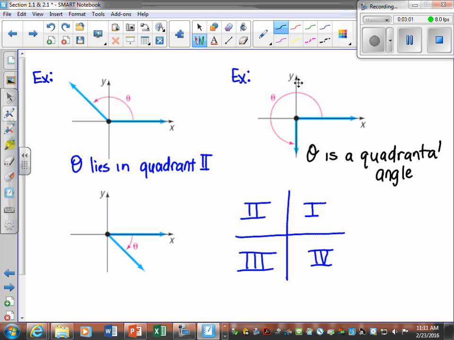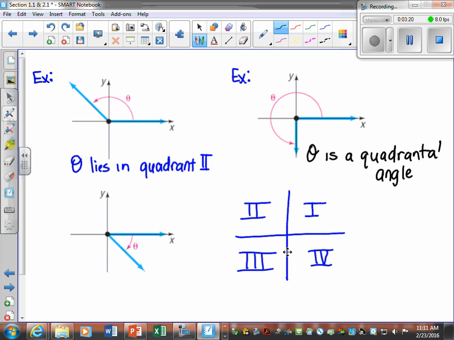Even if it had landed on this line right here, it would have been quadrantal, as well as if the terminal side had landed here, or back at the initial side. If the terminal and initial sides were the same, it would be quadrantal. So this is a special case.